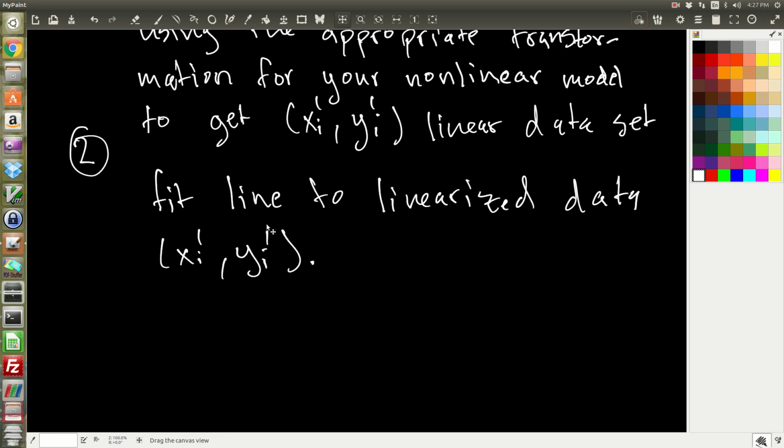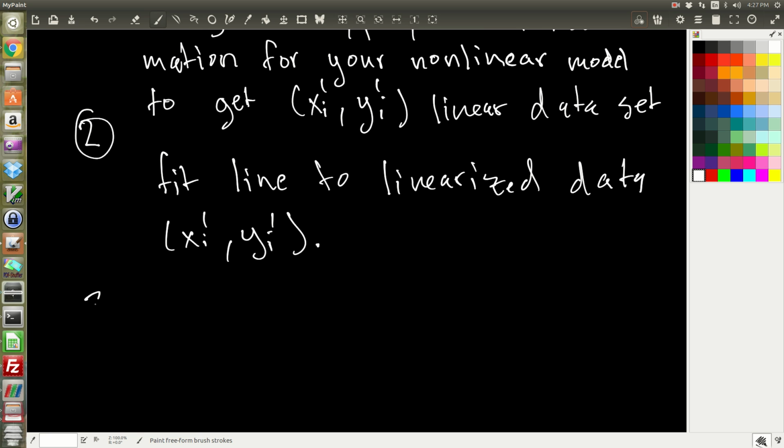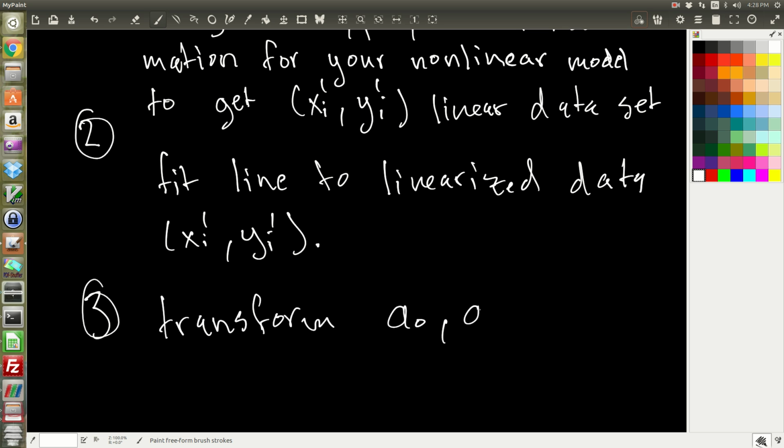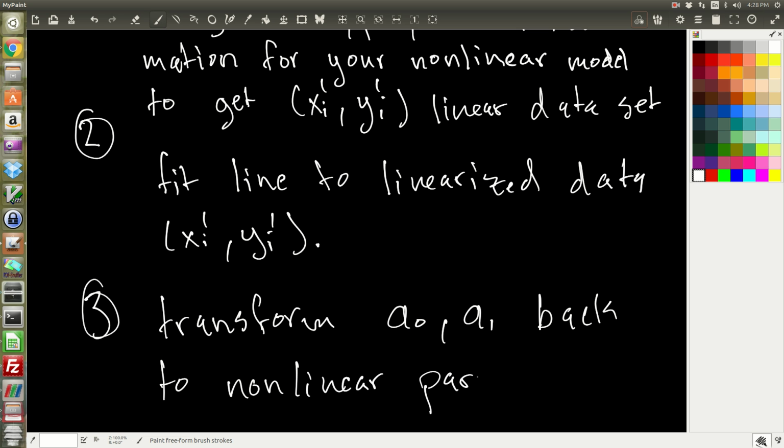And then last step is to transform a0 and a1 back to nonlinear parameters, nonlinear model parameters.